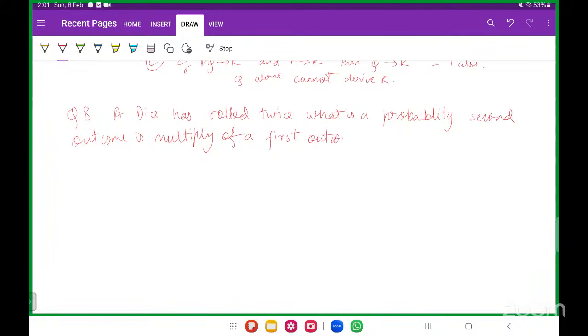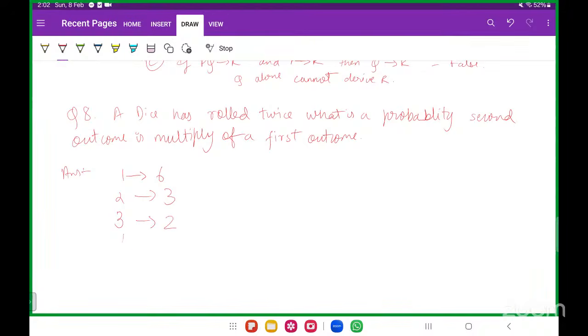So look here. If the first outcome is 1, then it has 6 multiples. If the first outcome is 2, then it will have 3 multiples. If the first outcome is 3, then it has 2 multiples.